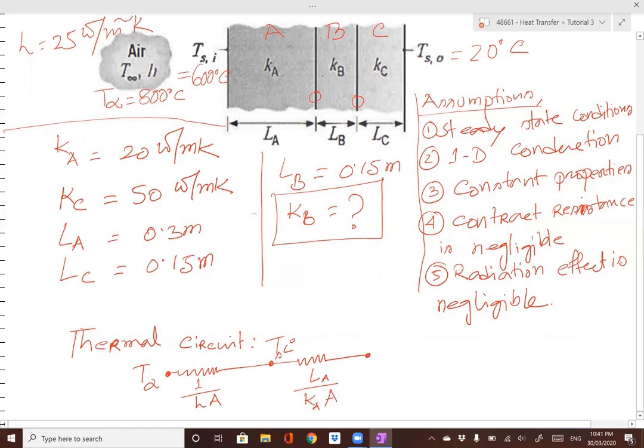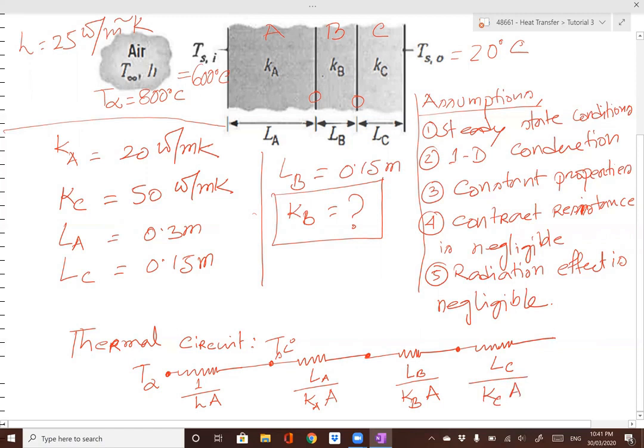Then material B thermal resistance: length for material B over thermal conductivity for material B and the cross-section area. Then material C thermal resistance: length for material C over thermal conductivity for material C and area.